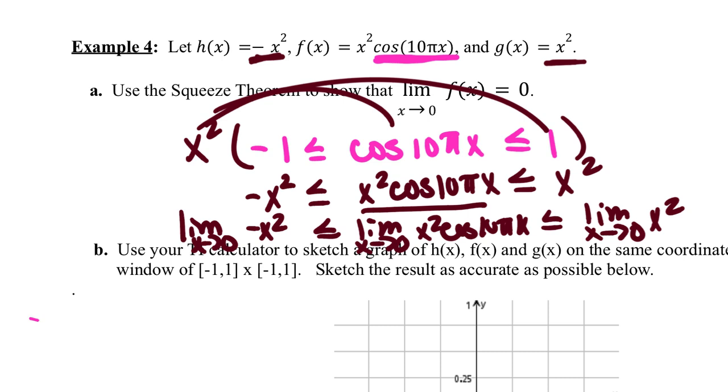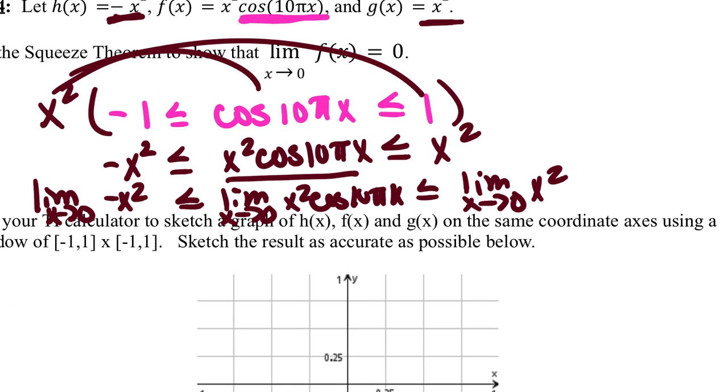We were having a problem with that, weren't we? Or we're just going to prove it by the squeeze theorem? Because actually, if I put a 0 in there, do I get an answer? 0 times cosine 10 pi x. Okay, so it wasn't necessarily undefined, but we're just proving it by squeeze theorem.